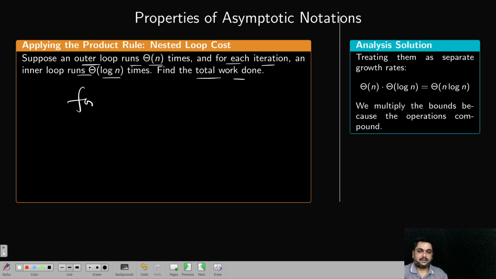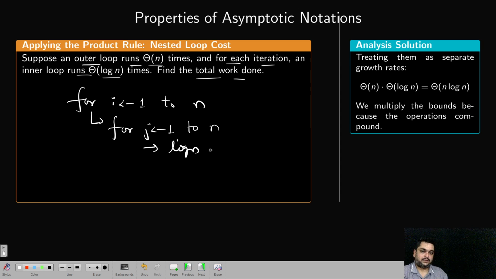So for example, they are saying for i is 1 to n. Inside this for loop, again there is an inner loop for j 1 to say n, and the operation inside this happens log n times. The basic operation runs for log n times. That means this entire inner loop runs not n times but log n times, because of some increment operation or how I change the j value.